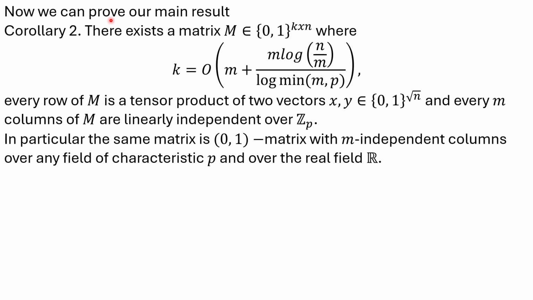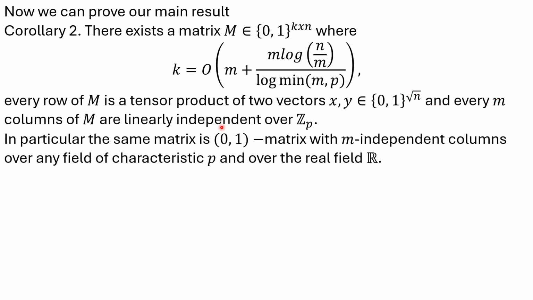Now we can prove our main result. Corollary 2. There exists a matrix M of size k by n, where k is defined right here, and every row of M is a tensor product of two vectors x, y that belong to {0,1}^root n.